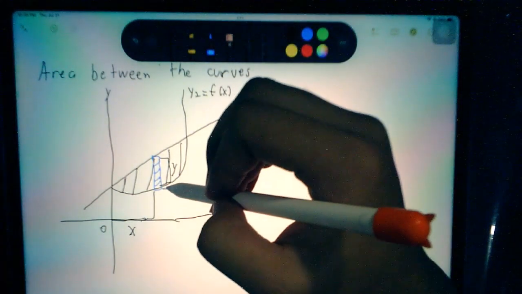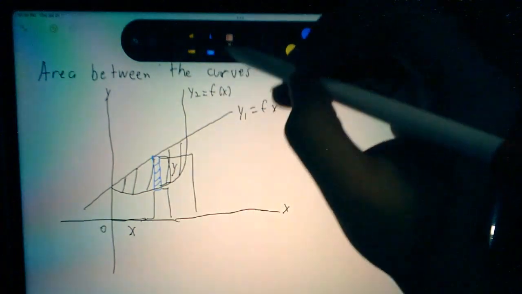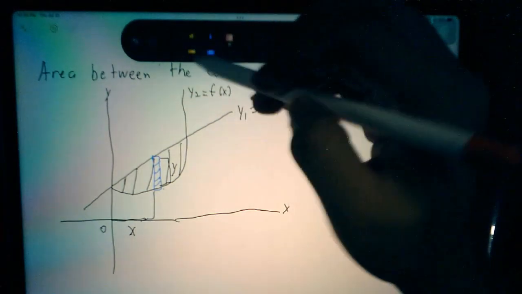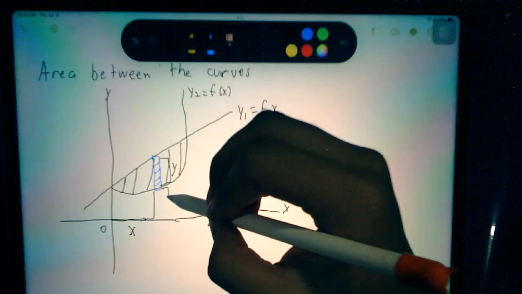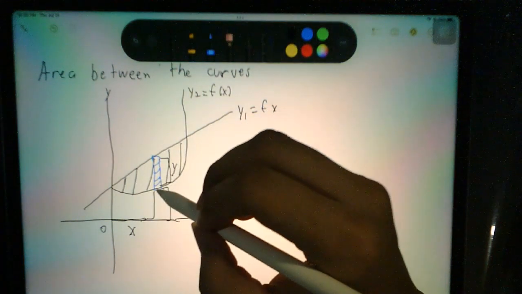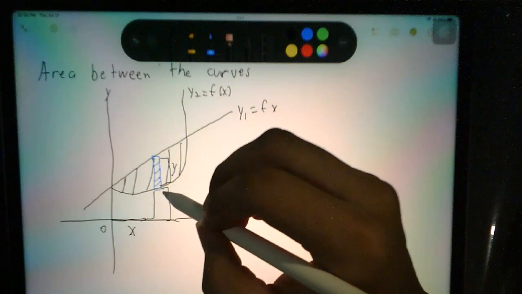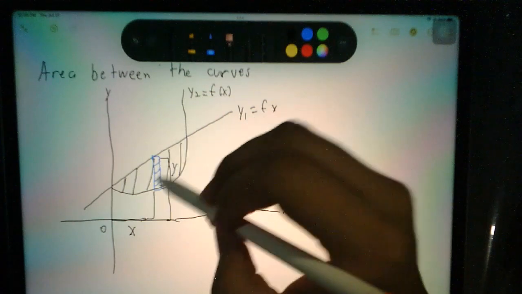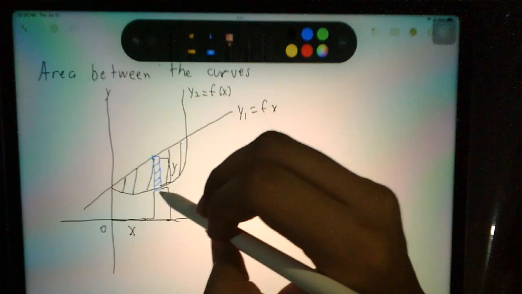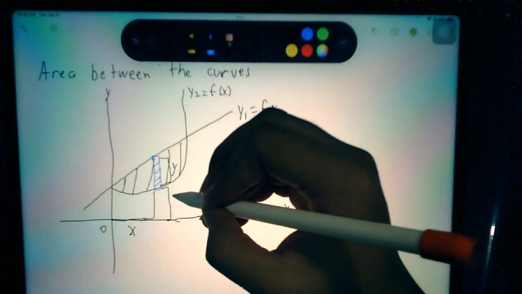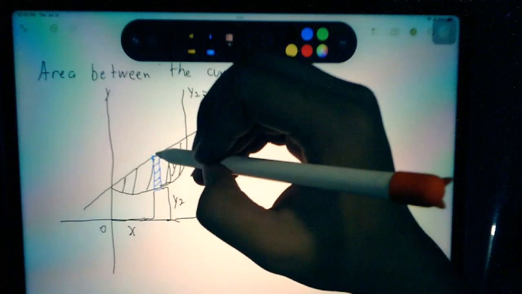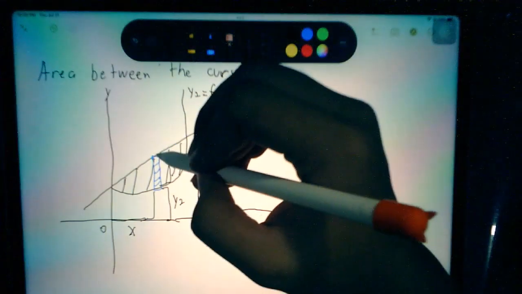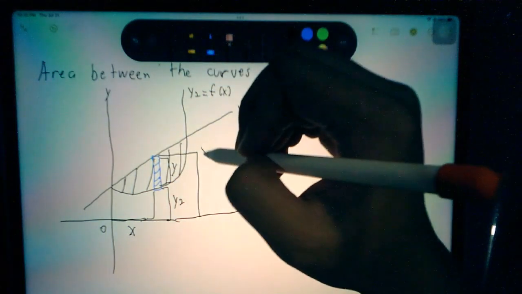So what about this point and this point? Let's first erase that. So this point is the one touching the bottom of the vertical strip. We label that as our y2 since it touches the bottom of our vertical strip, and the line touching above the vertical strip is our y1.